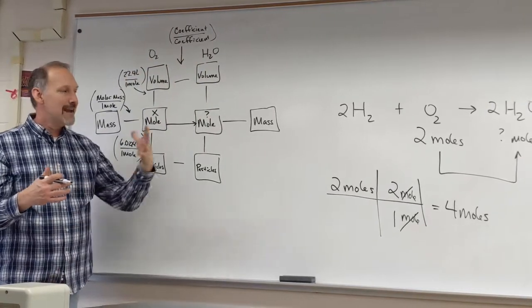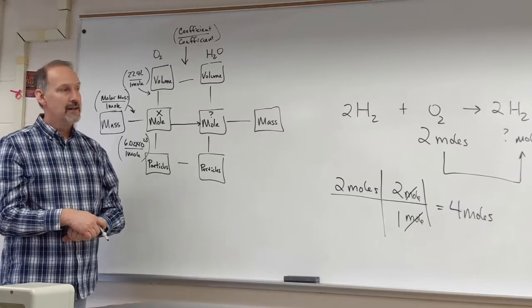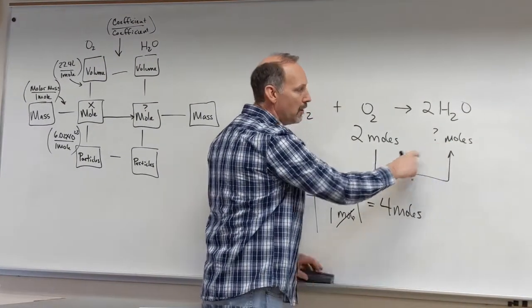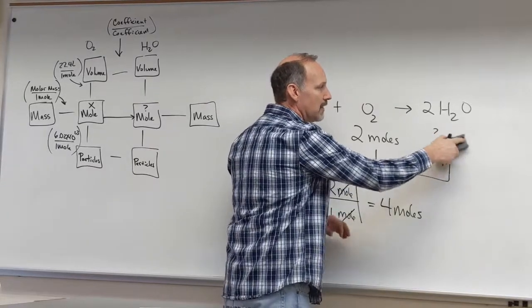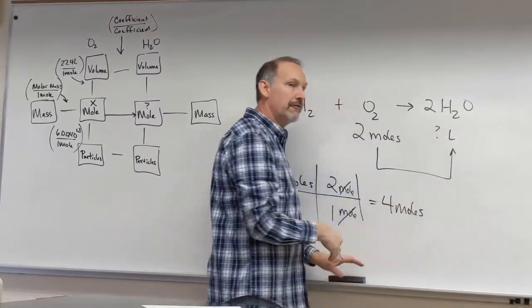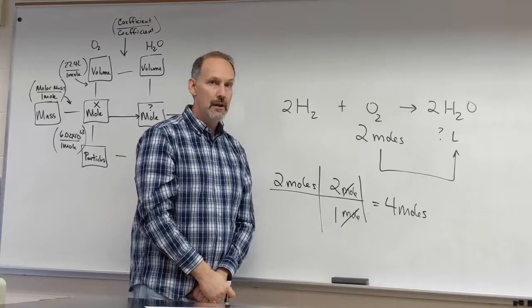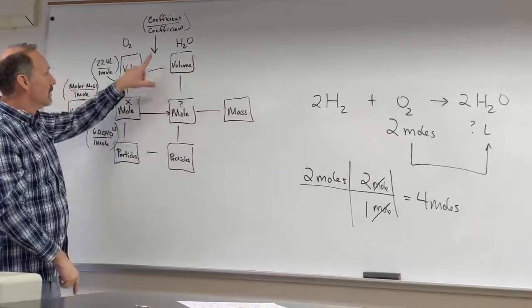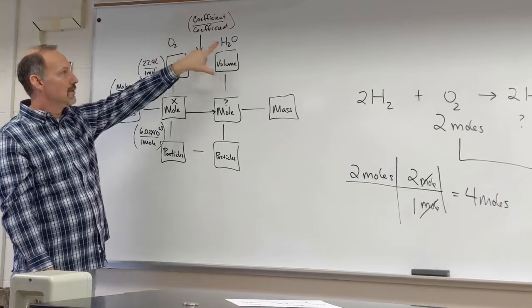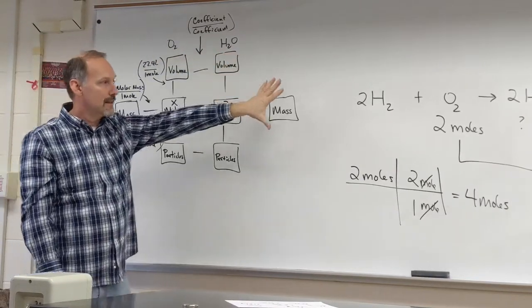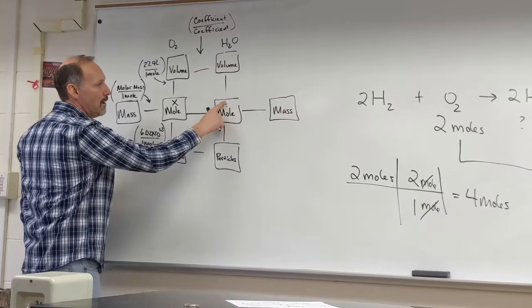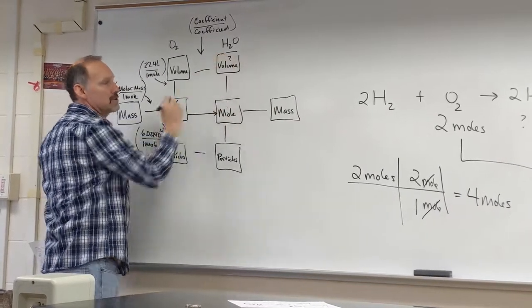So let's make this question a little bit more complicated. Rather than going to moles of water, what if I wanted to go to the amount of liters or volume of water? Well, if I'm still starting at the same place in the oxygen chart, so one chart's oxygen, the other chart is water, and I'm still not dealing anything with the hydrogen, then I want to go to volume. Then what happens is, I need to put my question mark there.